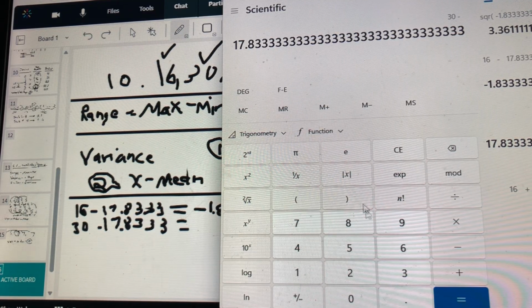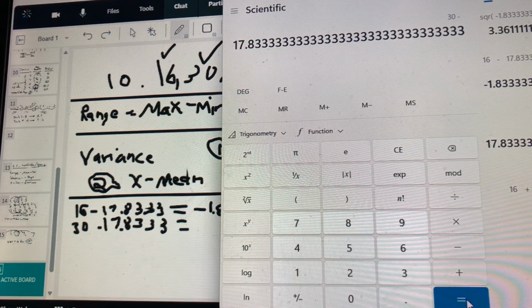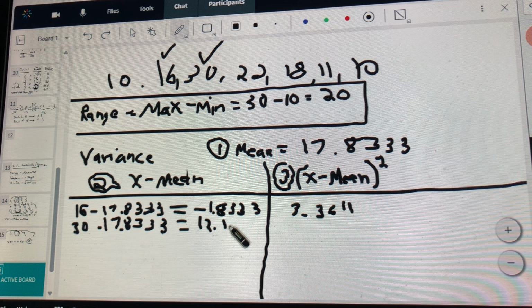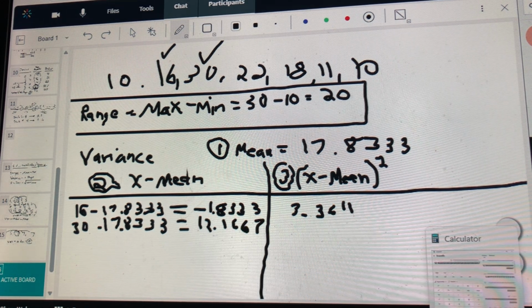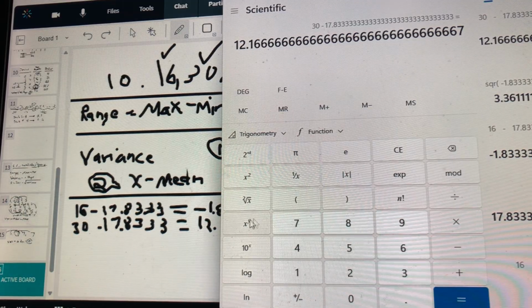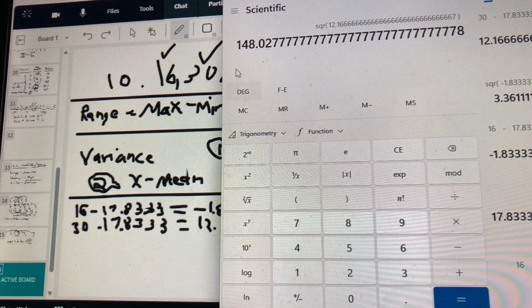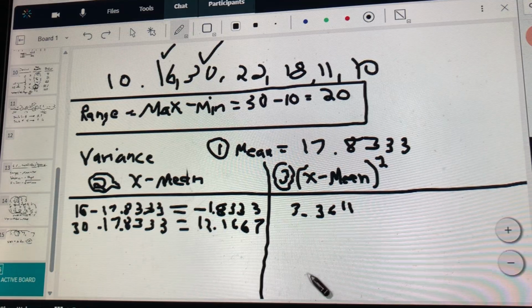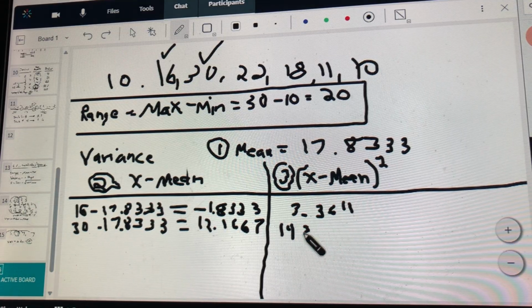I just call it up and it's all there and there's no rounding issue. 12.1666 repeating. But rather than writing it down and coming back later and retyping it, if I hit the squared button right now, it'll square it instantly for me. 148.02777, so I'll make that 78.